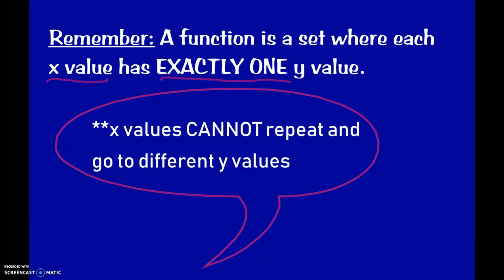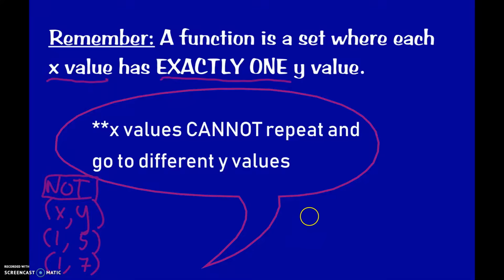So you can't have a set of points (x, y) where your x value was 1 and your y value was 5, and then you had an x value of 1 that gets sent to 7, because 1 cannot have two different outputs. So this would be an example of something that is not a function.